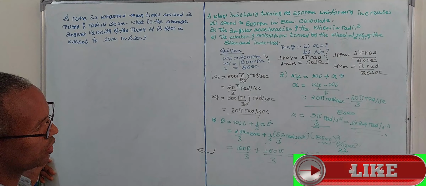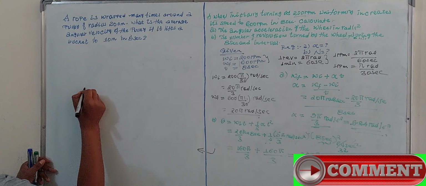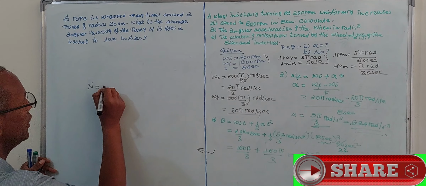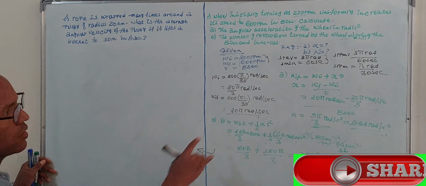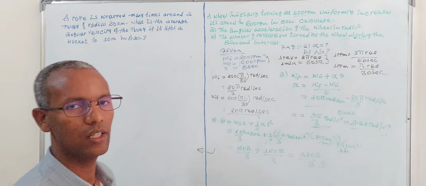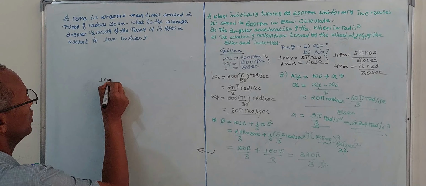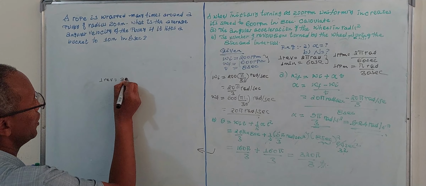So for B, the number of revolutions N: from the circumference of a circle, one revolution is equal to 2 pi rad, right?